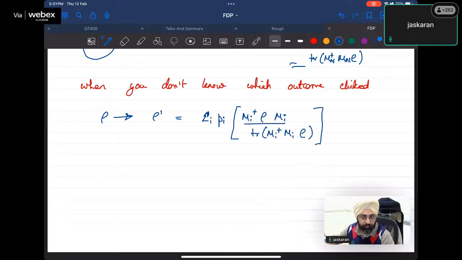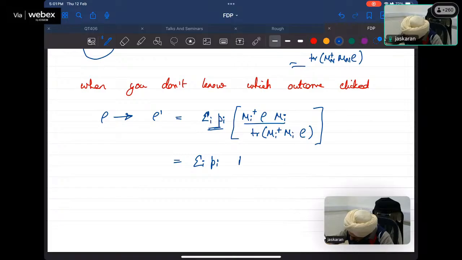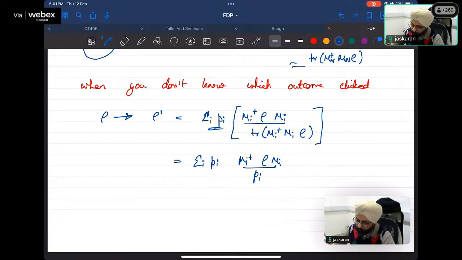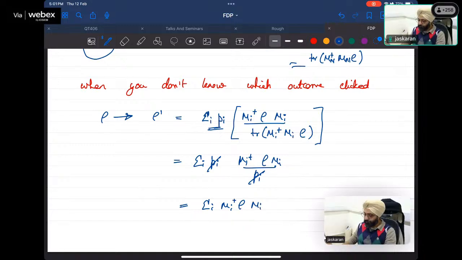We have taken the state update corresponding to each outcome i, and then taken an average by multiplying it with the appropriate probability and summing over all i. This is equal to, remember the denominator is just the renormalization, which is equal to Pi. This cancels out, and we have the summation over i of Mi rho Mi dagger. So this was the state update.